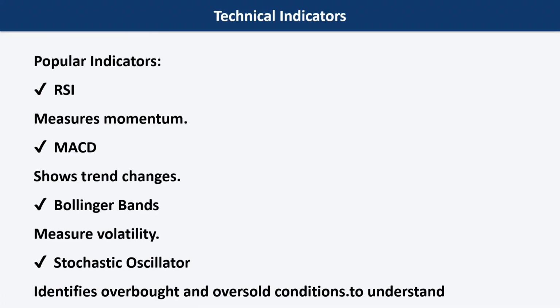Like RSI, it should not be used alone. See, after knowing these four indicators, you have to understand that no indicator is perfect. Professional traders do not rely on a single indicator. They combine charts, price action, volume, moving averages and indicators for making a better decision.